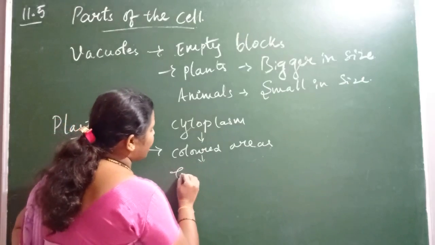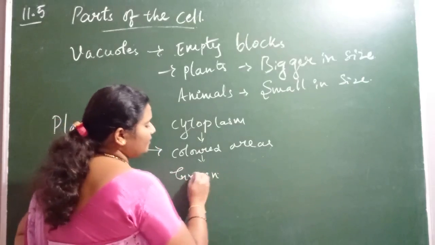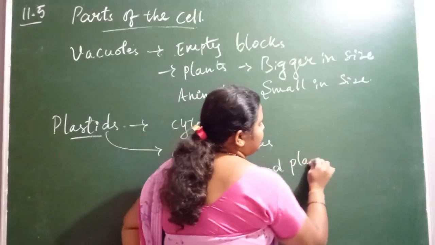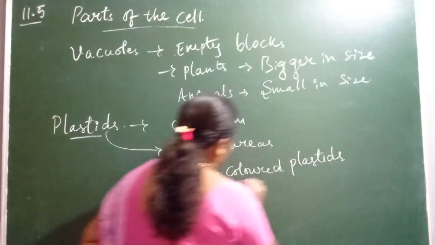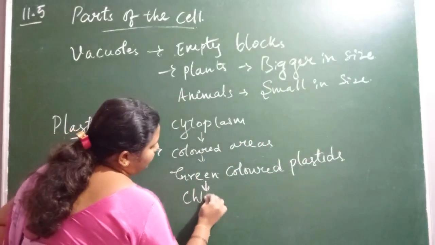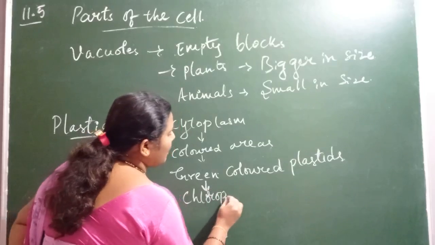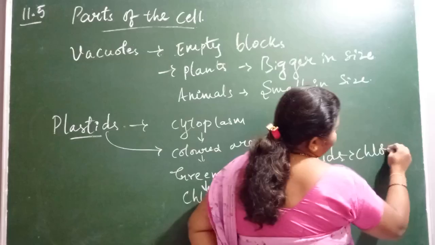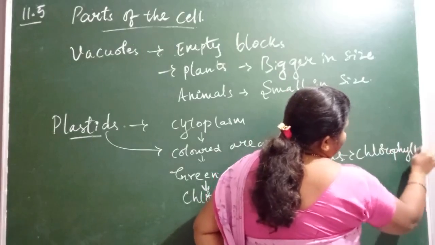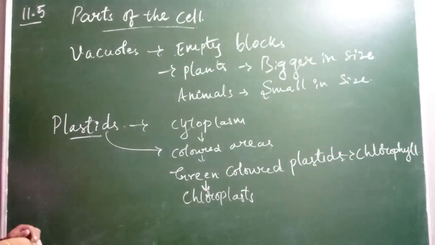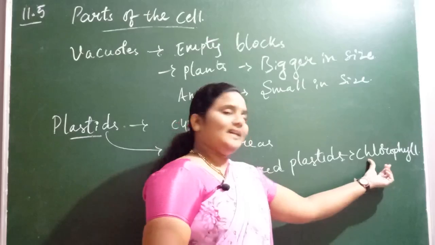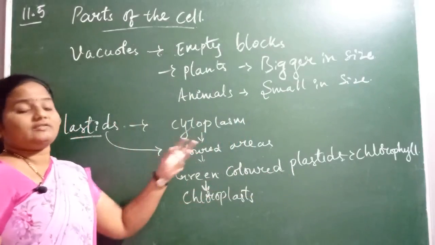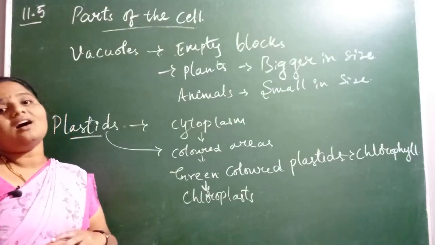If the plastids are green in color, green colored plastids are called chloroplasts, children. Generally they contain chlorophyll. Plastids are nothing but different colored areas present in the cytoplasm of the cell.